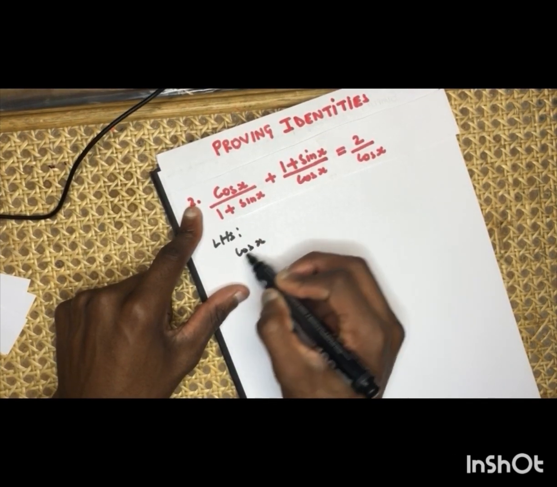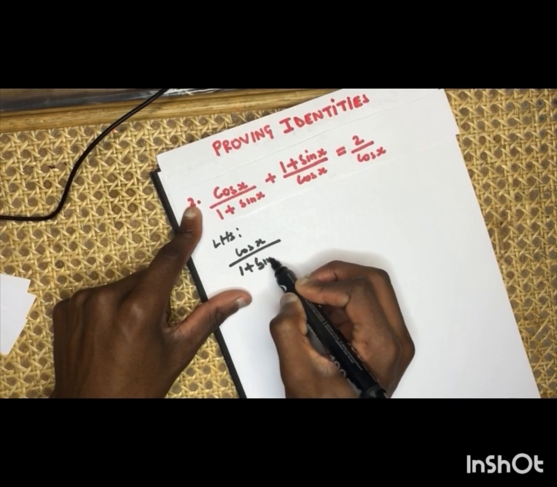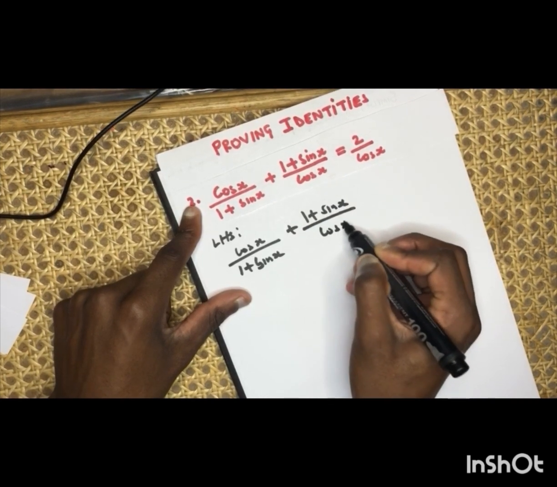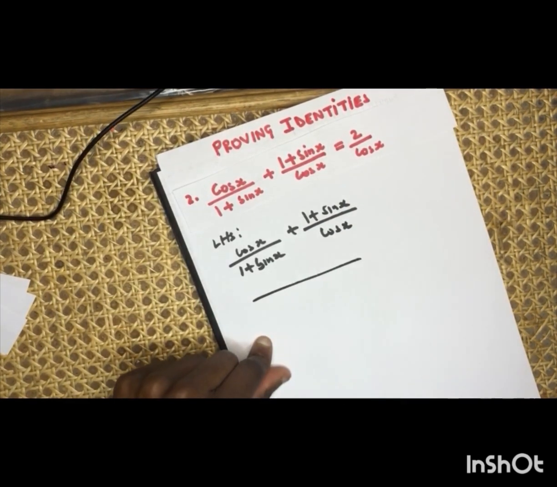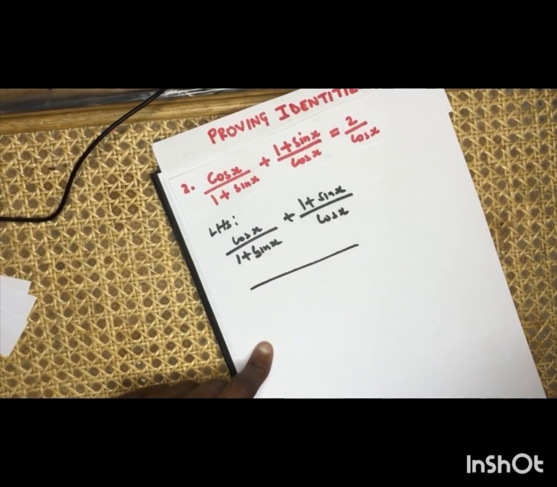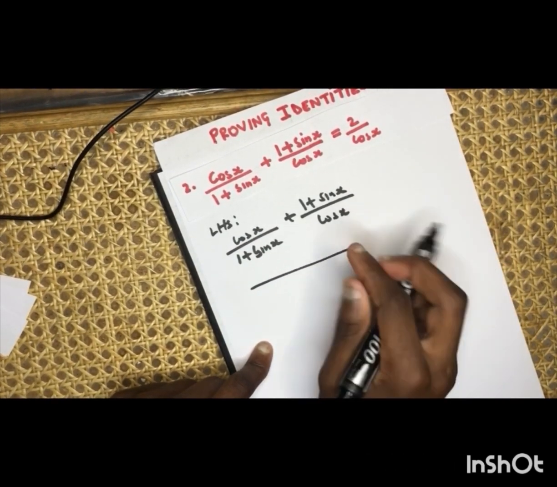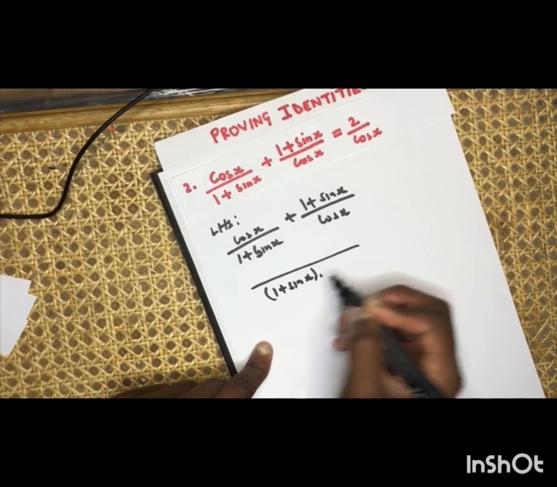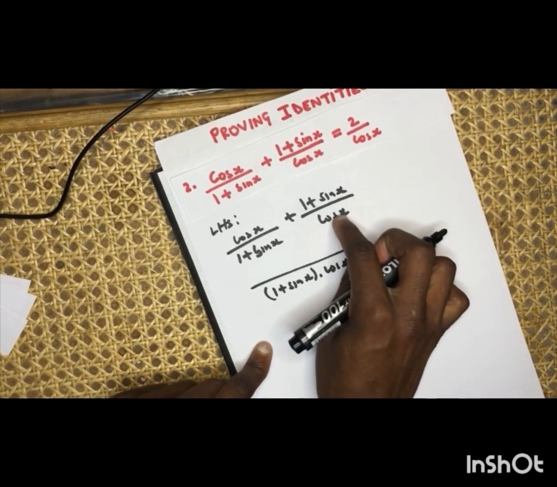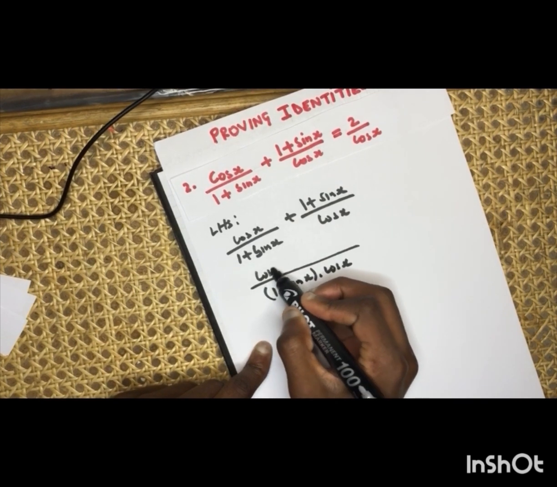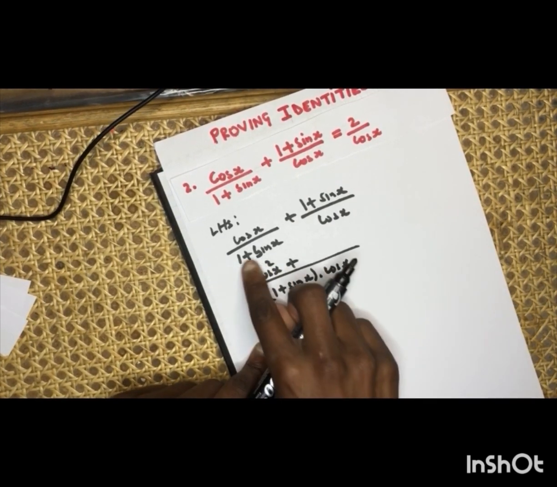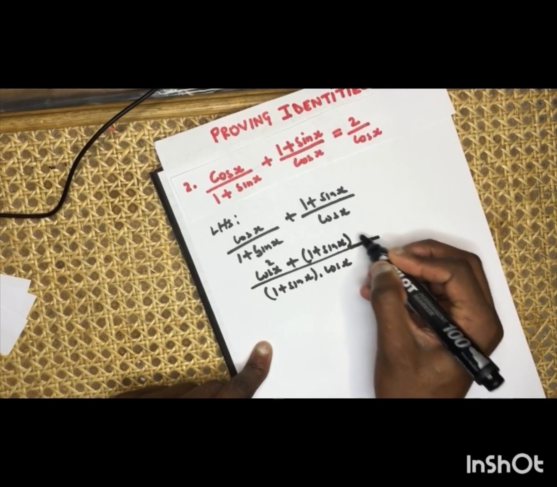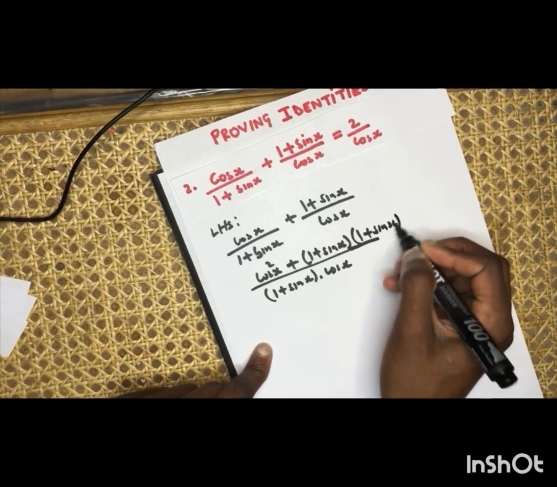On the left hand side we have cos x over 1 plus sin x plus 1 plus sin x over cos x. I'm going to put one division, then multiply the numerators. Bear in mind that we need cos. If I multiply this one, I keep this one in the brackets and multiply by cos x, so cos times cos gives cos squared, plus 1 plus sin x times 1 plus sin x.